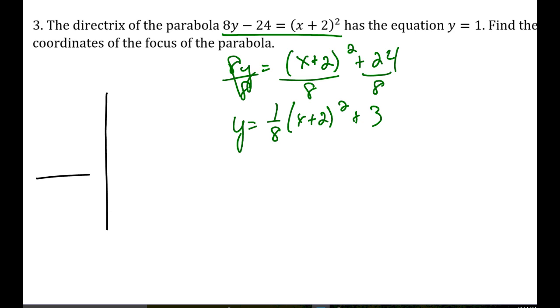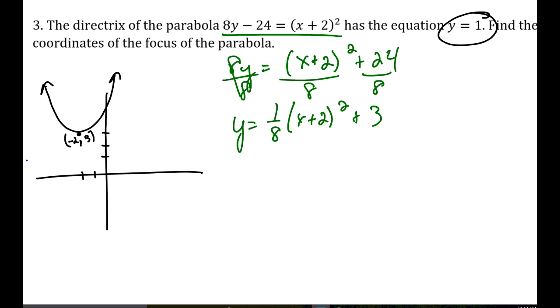I can quickly sketch this parabola. I know it has a vertex of (-2, 3), and is concave up. It opens upwards. So that's (-2, 3). The directrix is y equals 1. The directrix is that line right there. Find the coordinates of the focus. Well, I know the vertex is 2 units away from the directrix.